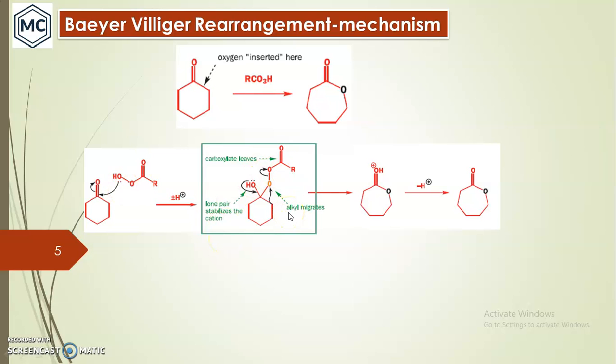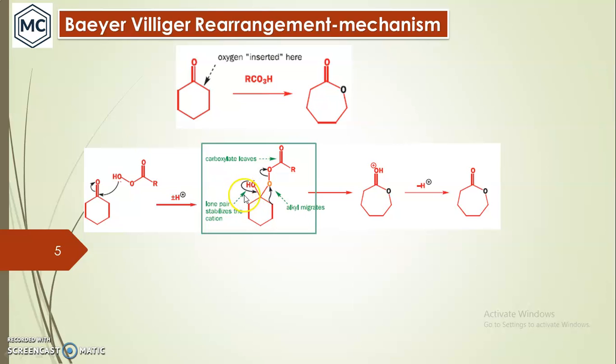In this intermediate a rearrangement takes place. First the O single bond is very weak and the carboxylate leaves, and alkyl migration takes place. This alkyl group migrates to this oxygen.